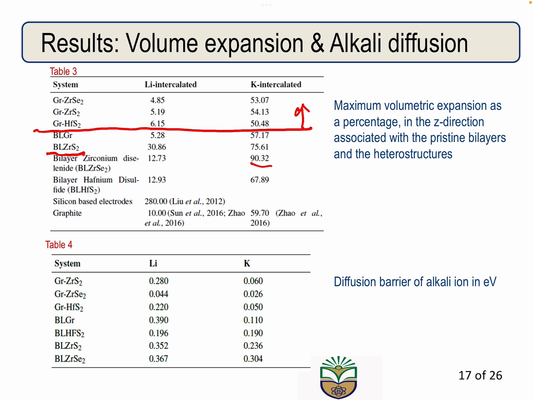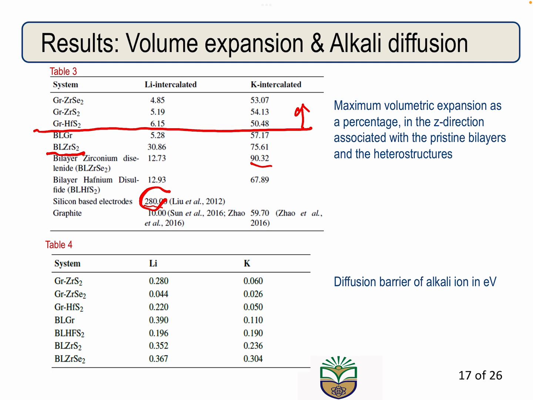In comparison to other systems that have been studied, for example, silicon-based electrodes, we find that the expansion of the heterostructures is quite small, because for silicon-based with lithium, they go up to 280.